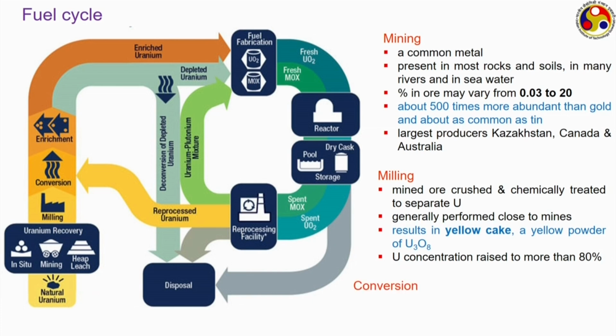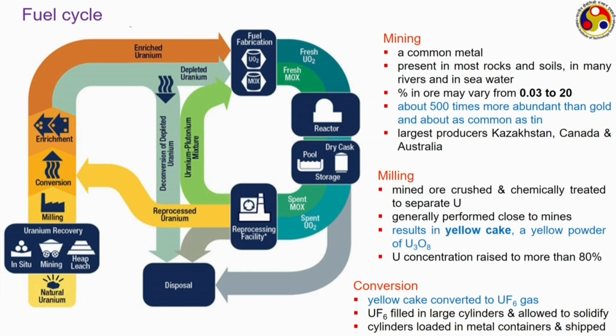Next is the conversion step. Conversion refers to the conversion of this U3O8 to UF6, uranium hexafluoride, which is actually a gaseous material. So, after this conversion, UF6 is filled in large cylinders and allowed to solidify, and then the cylinders are loaded into metal containers and shipped to the plants, or generally if enrichment or some other kind of chemical processes are required, it is supplied there.